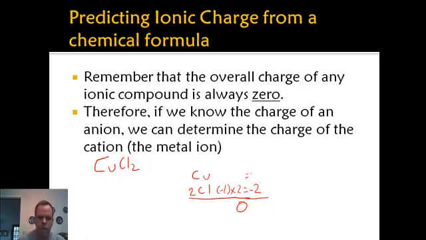Which means the total of the coppers has to be +2 to balance out. And since there's only 1 copper, copper here would be +2. So I know I'm dealing with the copper 2+ and the chlorine 1-. So being able to figure out what that charge has to be will allow us to write a name that will tell everyone what that charge is.